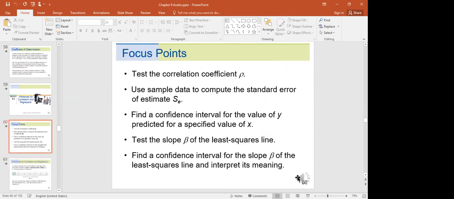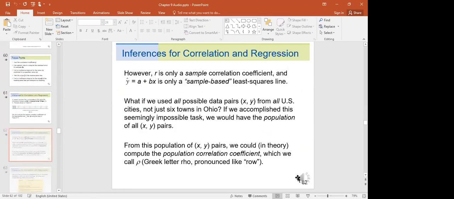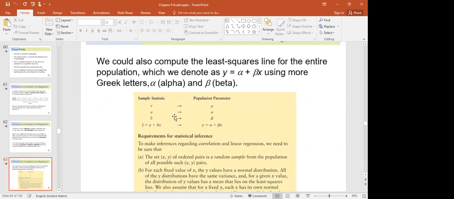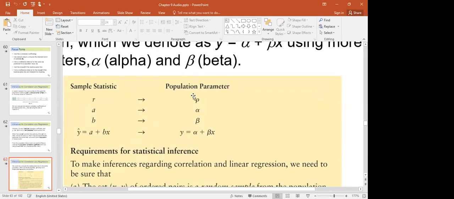So what we have discussed so far are based on the sample. Inferences consist of generalizing information from the sample to the population. So for example, a statistic in correlation can be the sample correlation coefficient R, and the corresponding parameter is the letter rho, which is like P here.